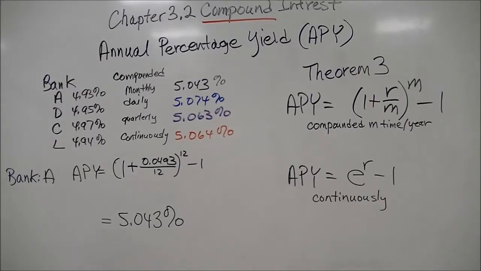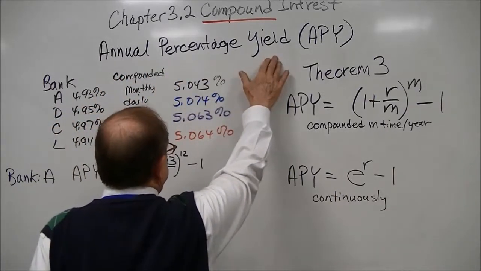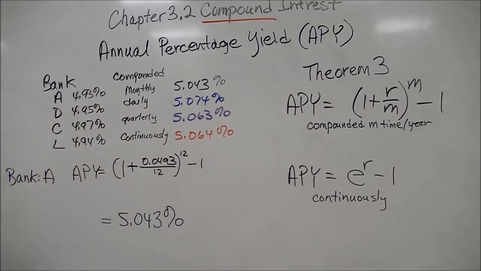Now we're going on to what is called annual percentage yield. Whenever you do some banking, and if you have a CD, a certificate of deposit, and you invest that, let's say at, right now the rates are terrible, but it used to be like 5%, and it's going to be compounded monthly.